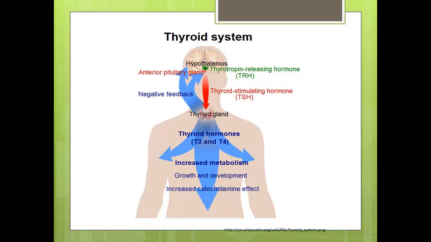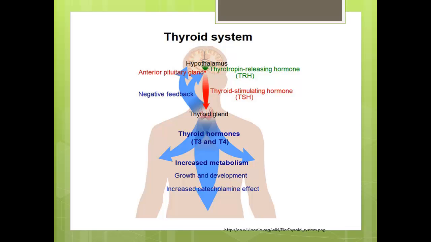This is an overview of the thyroid system. It starts with the hypothalamus, which secretes TRH, or thyrotropin-releasing hormone, to the anterior pituitary. It stimulates the anterior pituitary to release TSH, or thyroid-stimulating hormone, which acts on the thyroid gland. On the thyroid gland, it causes the thyroid to secrete T4 and T3, the thyroid hormones.